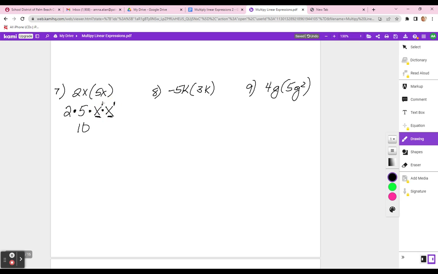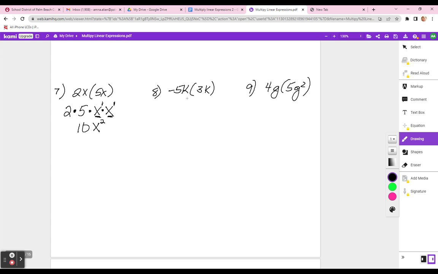So you have a power raised to the first power here, you have another power here raised to the first power. So we're going to keep the same base x and add the exponents, 1 plus 1 is 2. So what I used here is the product rule, okay, that allows you to keep the base and add the exponents. So we end up with 10x squared.